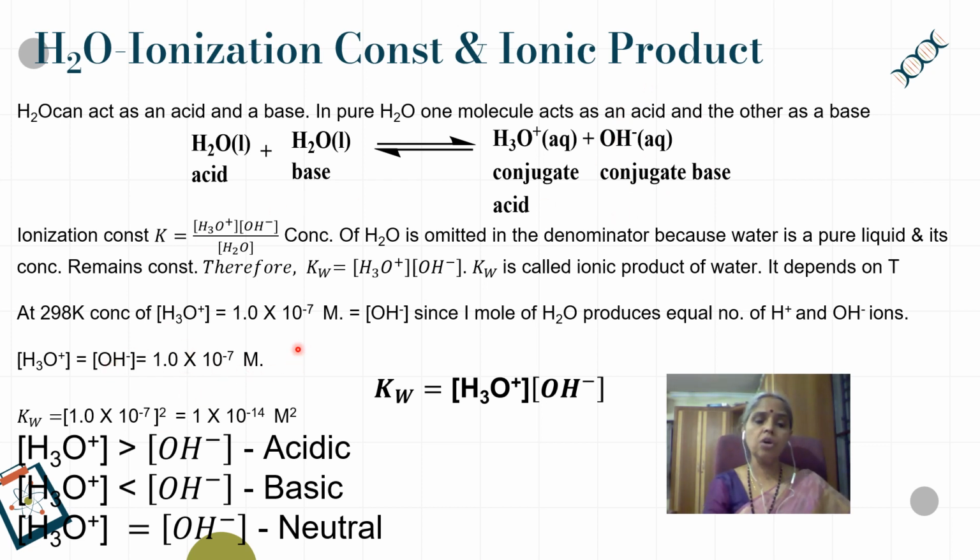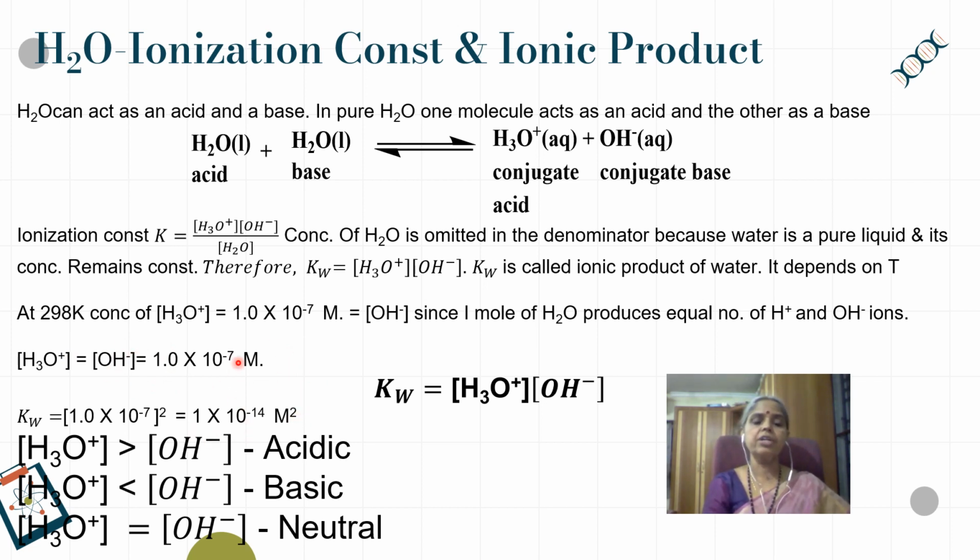So, the ionic product of water, Kw, is the product of the molar concentration of H3O+ and the molar concentration of OH-. That is the reason why we take (1.0 × 10^-7) squared, which is equal to 1.0 × 10^-14 M squared, because M is the molar concentration.